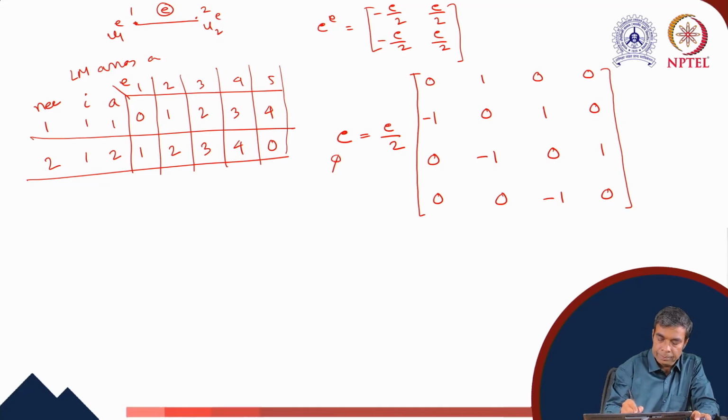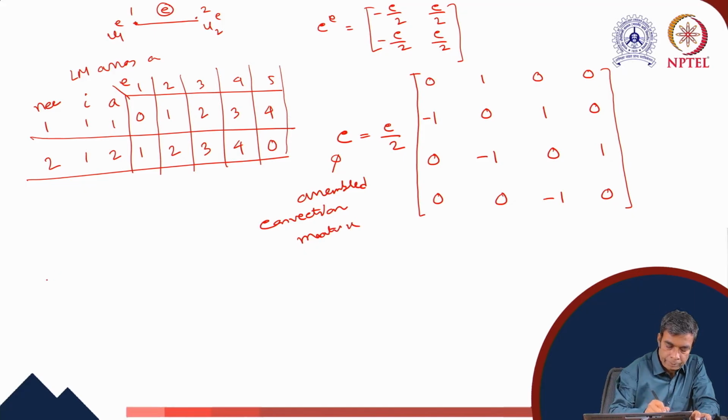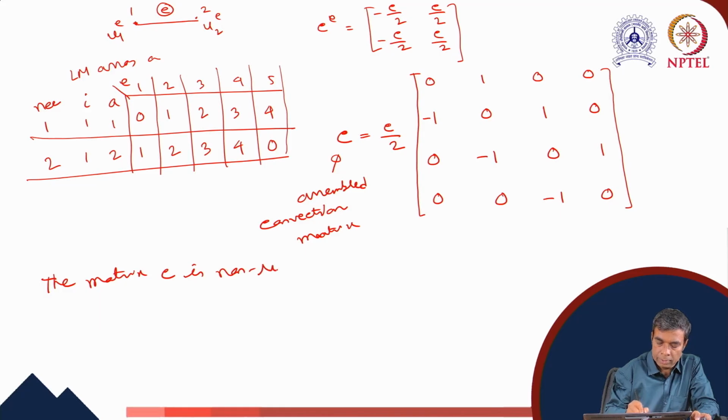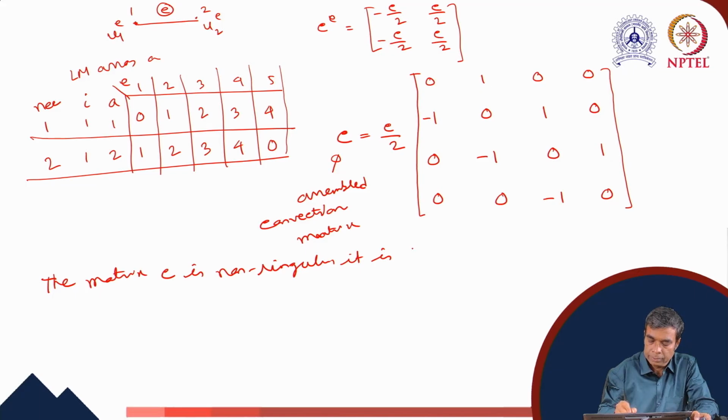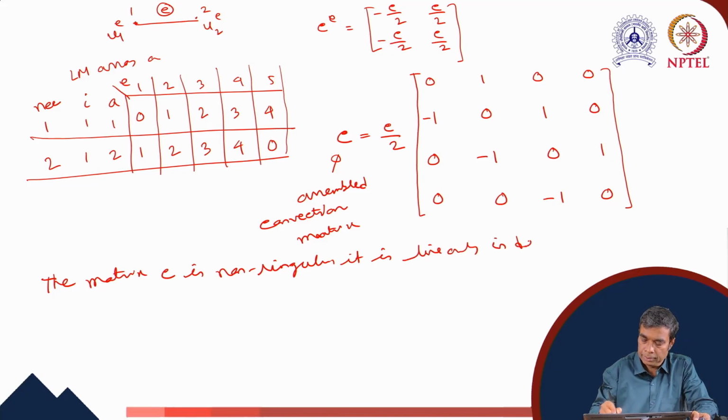The assembled convection matrix. The matrix C is non-singular. It is linearly independent.